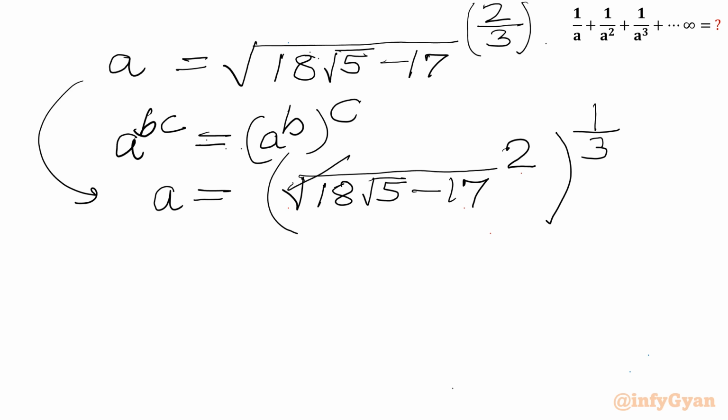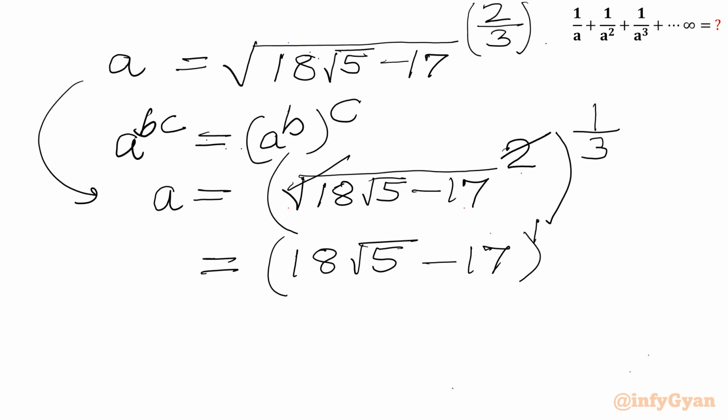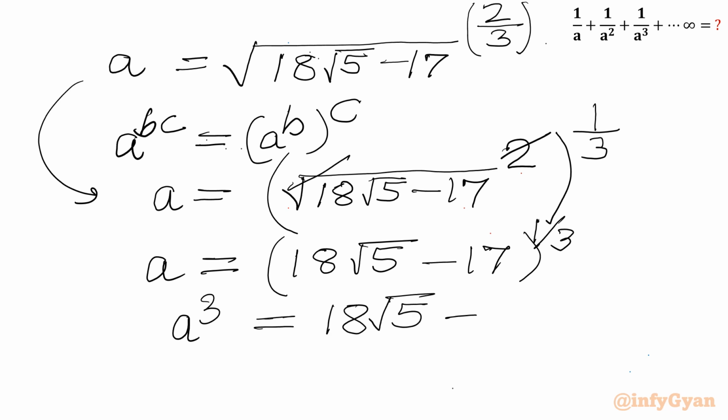Now square root and square will be cancelled out. It will give us 18 root 5 minus 17 whole power 1 over 3. Now I will consider cubing both sides. So a cube will become 18 root 5 minus 17.